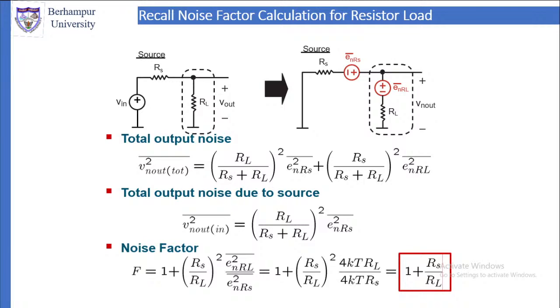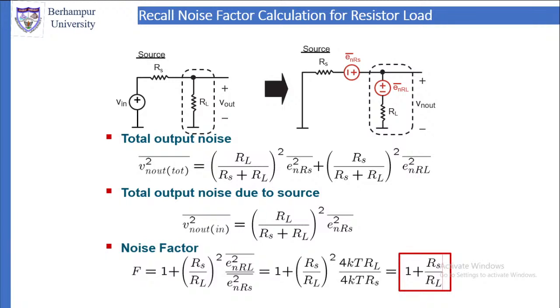So based on that, the total output noise expression is this V output square, or variance covariance of V noise output. Total noise output is (RL by RS plus RL) square into covariance of source noise, plus (RS by RS plus RL) square into covariance of RL noise.